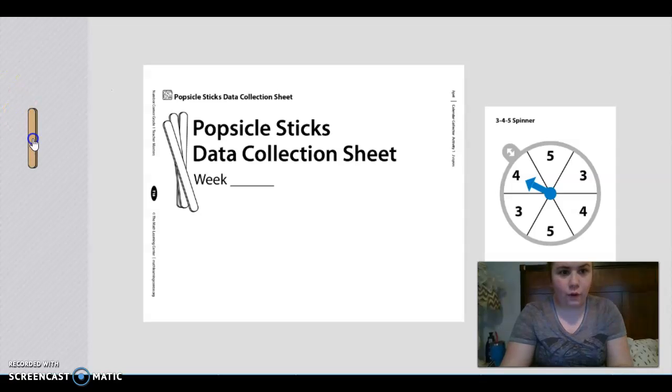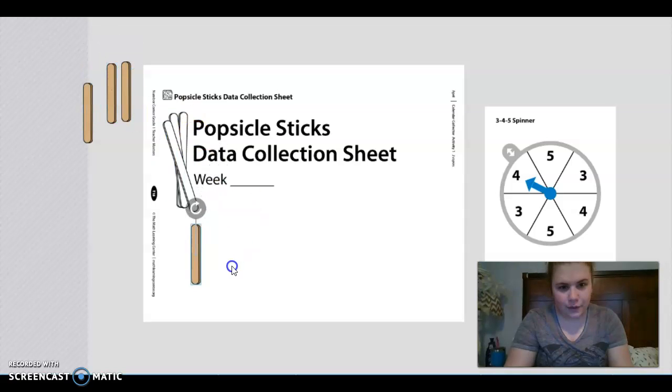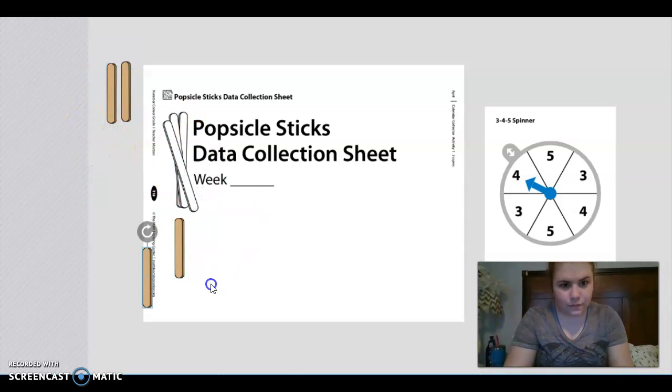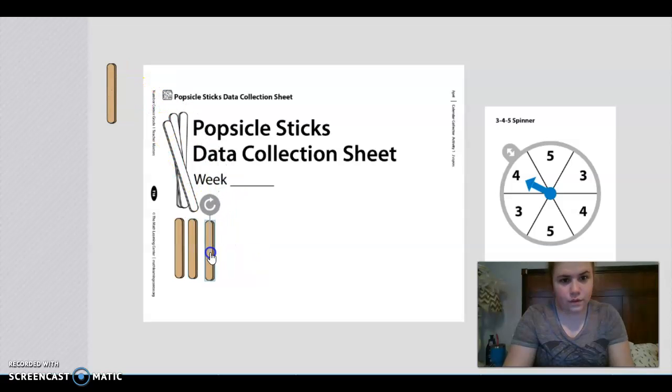4. All right, I'm going to get 4 popsicle sticks. 1, 2, 3, 4. I'm going to line them up. Oh, it's not letting me. Oh, here we go. 1, 2, 3, 4.